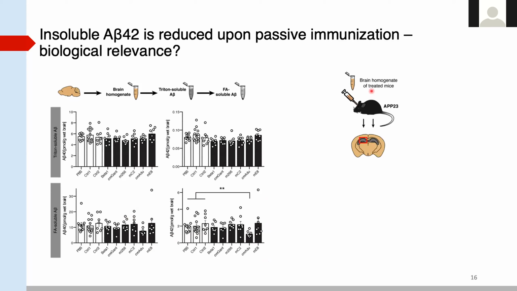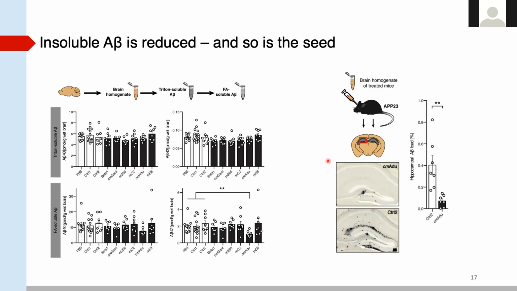So we used the brain homogenate from the treated animals, ADO and control, and injected it into the hippocampus of APP23 host mice. This is a very established method to test for biologically active A-beta. Here you can see the hippocampus injected with ADO-treated homogenate, and the other one was control.